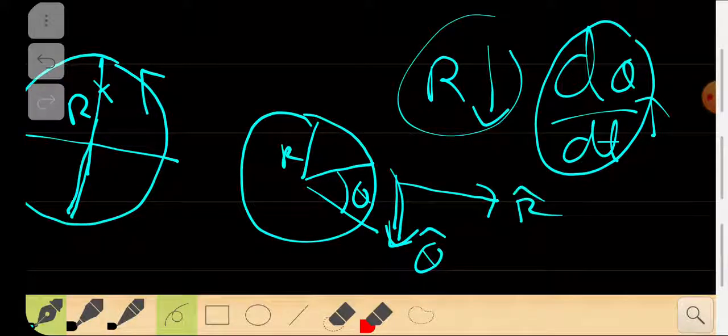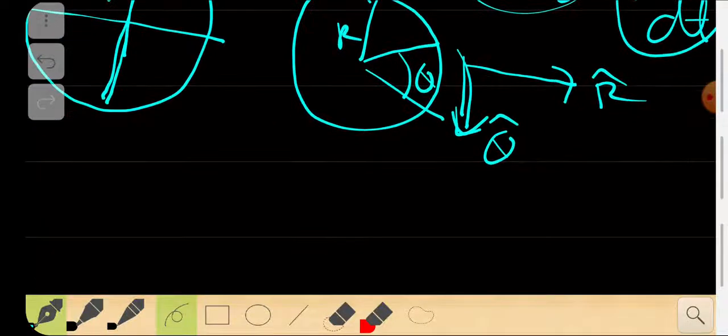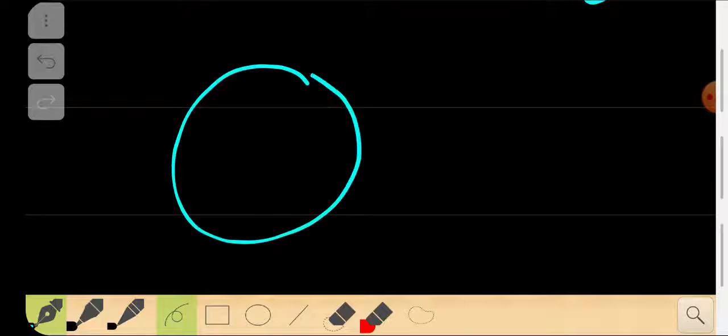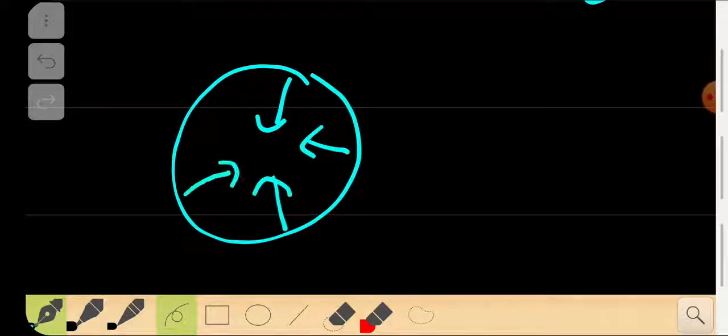So if the radius is cut down immediately, the theta cap component has to go up, so the velocity will go up. If you are rotating a big disc, and suddenly you have a spring to contract that disc, then if you make it smaller immediately, it will spin faster.